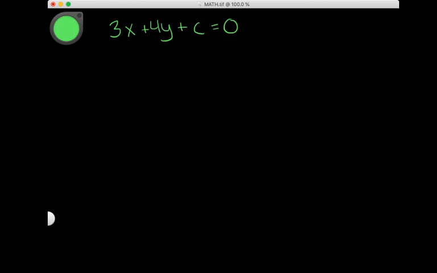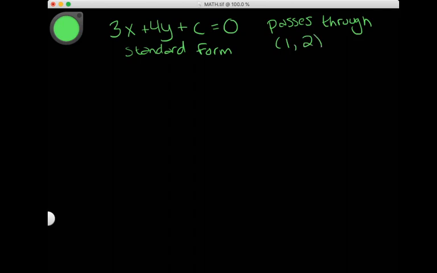Okay, so this is standard form. And we have a question where we have this line in standard form, and it says that it passes through the point 1, 2. And we are asked to find the value of c.